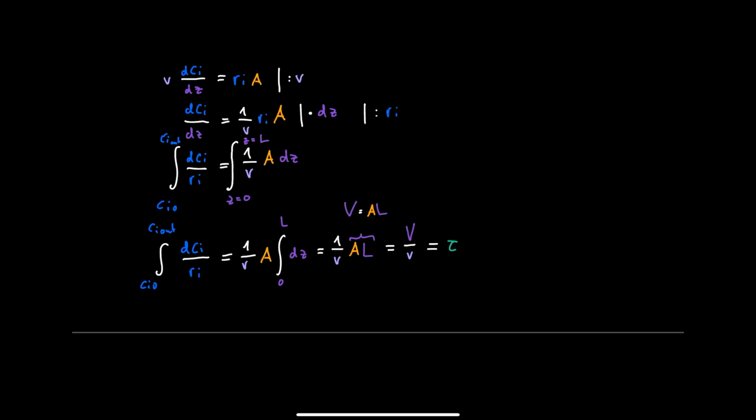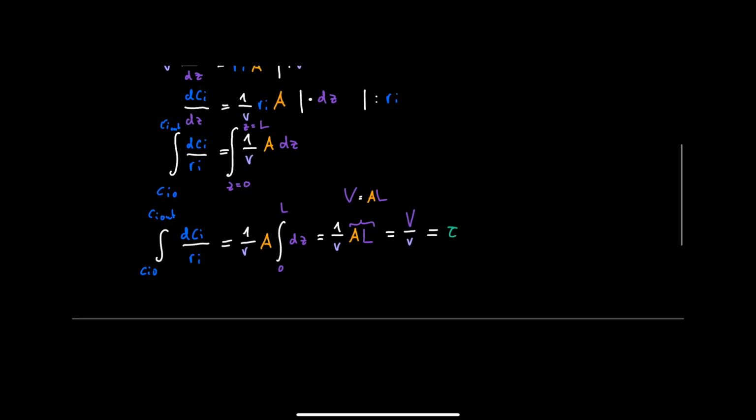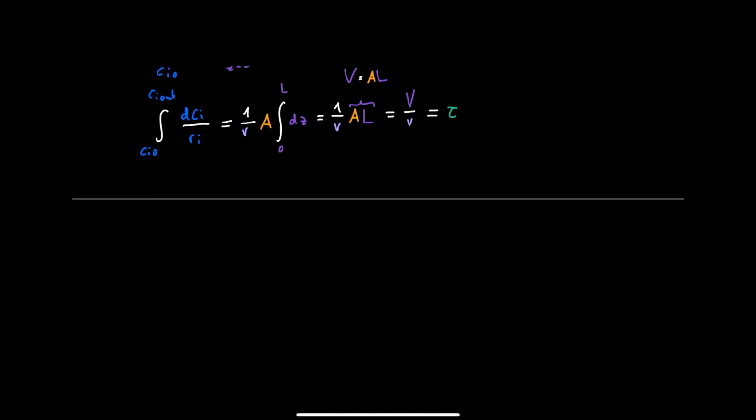So in some textbooks, I have seen the term tm used, but here we will just stick to tau. So for a plug flow reactor, we can say that the integral from the entering concentration till the exiting concentration of dCi divided by ri is going to be equal to the mean residence time.